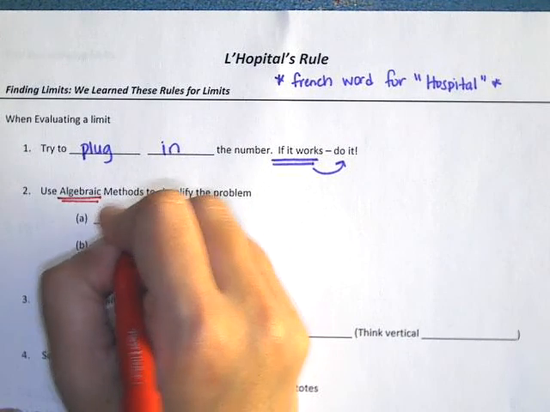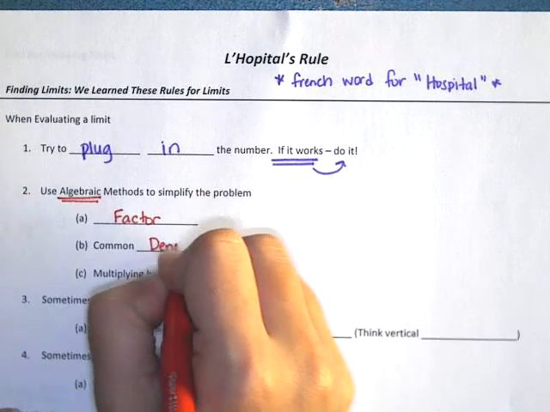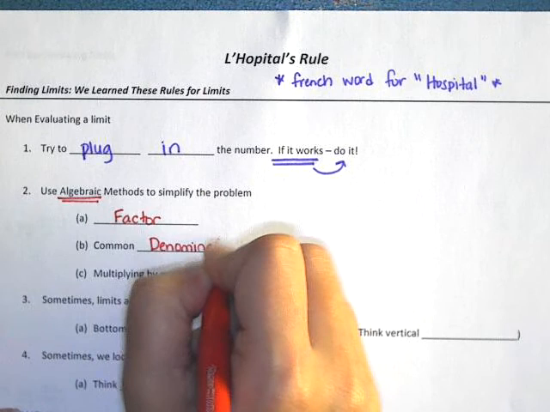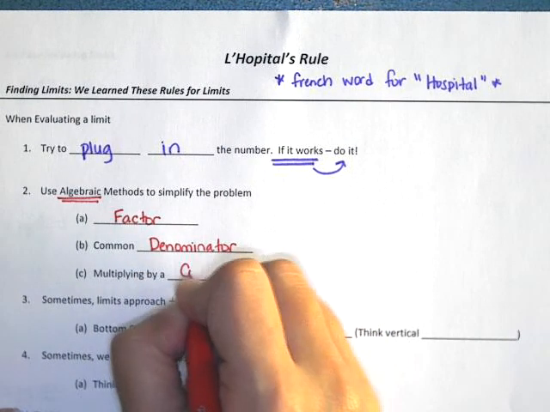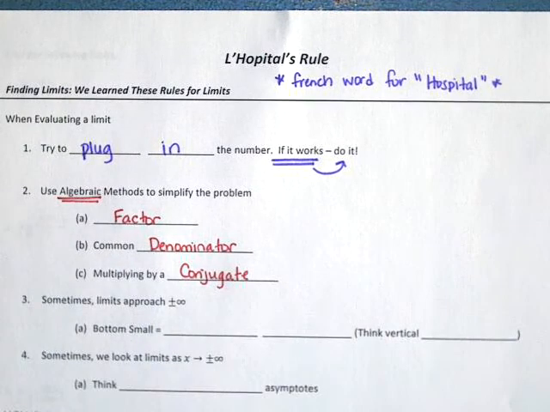You can try factoring. You can try common denominators. You can try multiplying by a conjugate. All of these algebra things can sometimes fix a limit problem so that it is solvable, whereas it wasn't before.